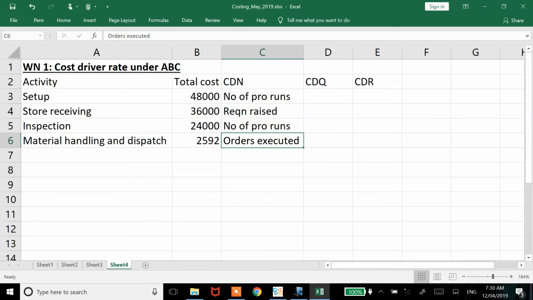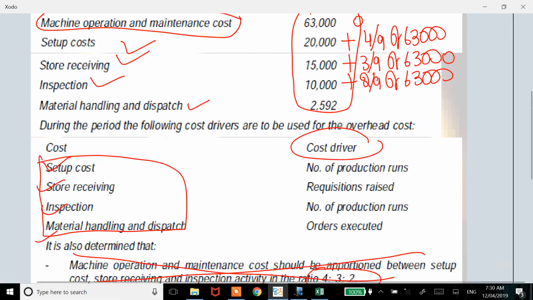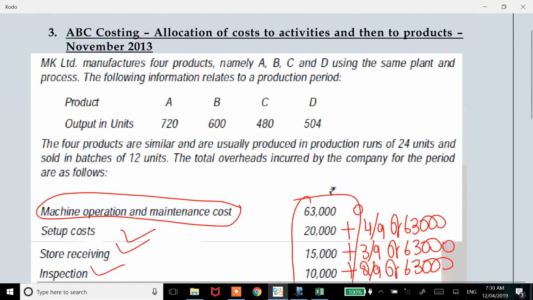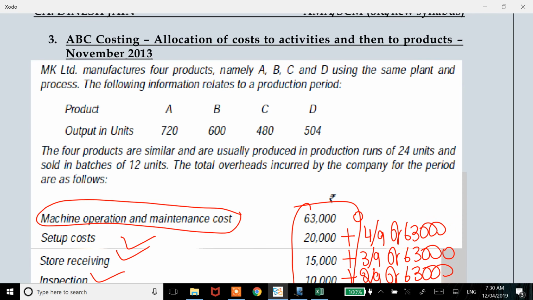In overheads, in the traditional system, you would add all of this and have only one single denominator. Here you have multiple drivers for multiple costs. Read the question and tell me how many production runs for all 4 products put together. The products are usually produced in production runs of 24 units.